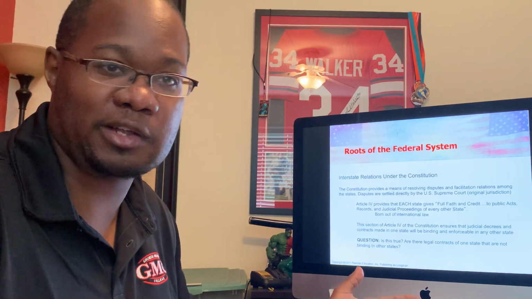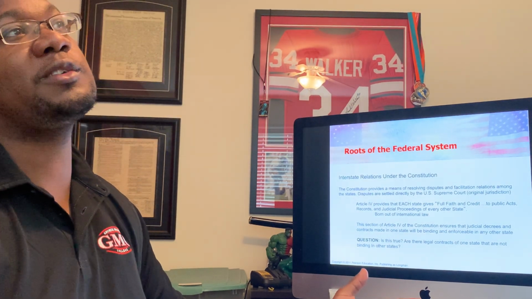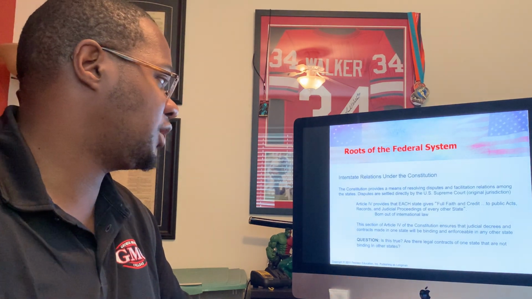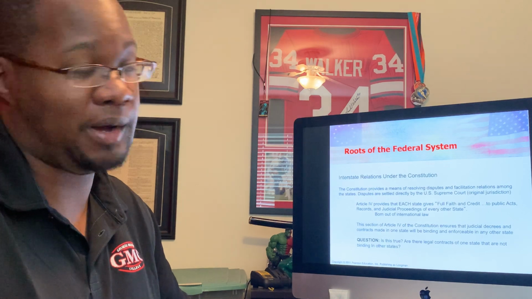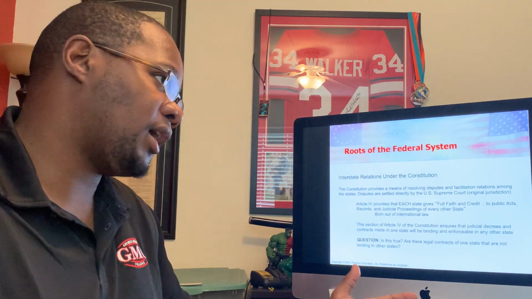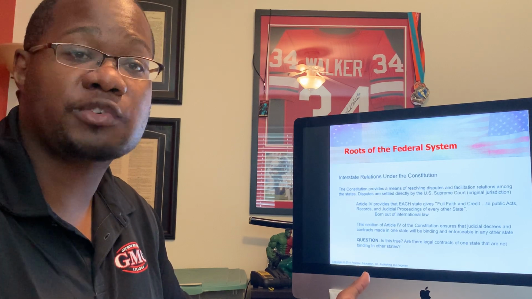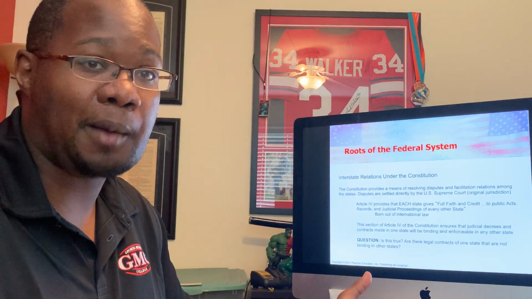I have a contract with one person, and I can't enter into a marriage contract with another without dissolving the first. It's just not possible. And so there are many types of compacts and contracts that operate across state lines.